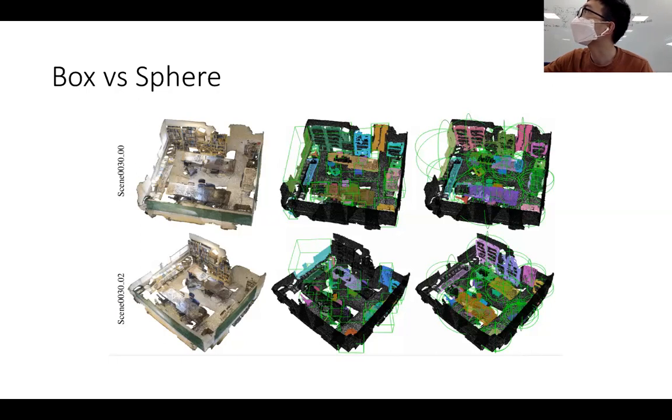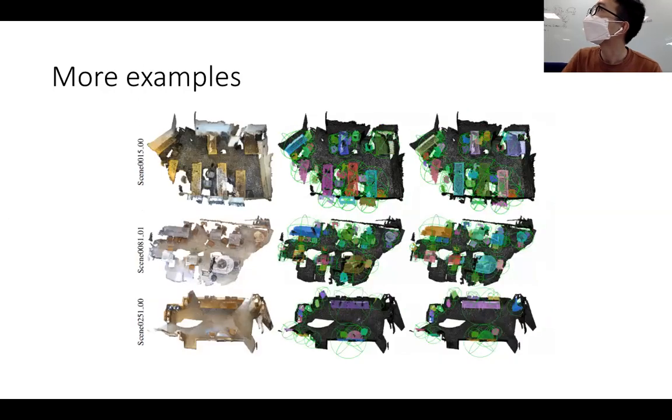This object is not detected. The table is not detected, but sphere is more robust to orientation changing. Here are more examples of sphere detection. First we detect the sphere, and then we detect the points inside.